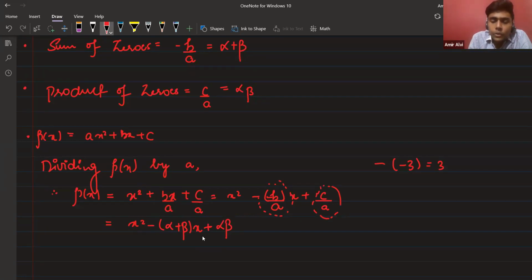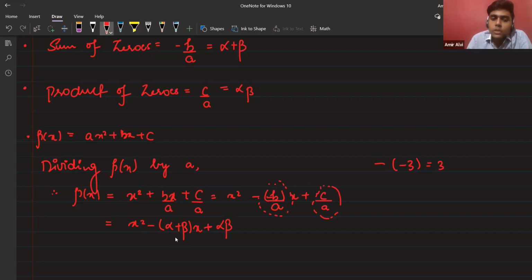Adil, is that clear to you? Yes. Any doubt? No. Is it somewhat like middle term split? Yes. Somewhat like that, the middle term is split into two parts. Is that clear, Adil? Yes.